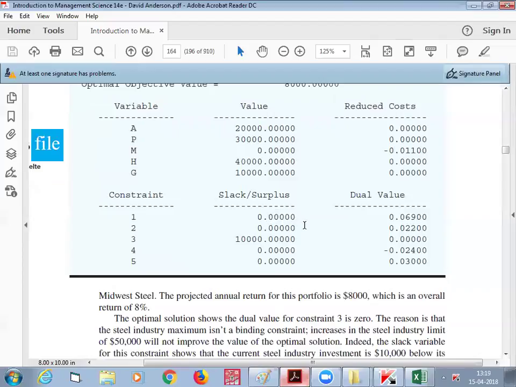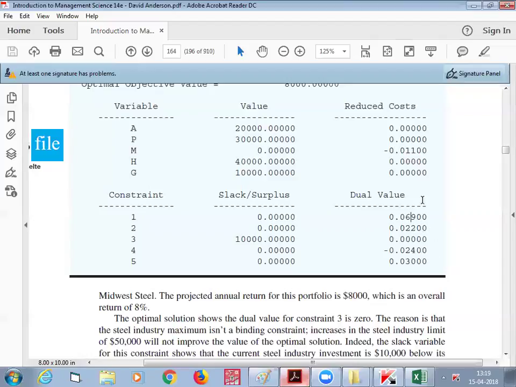All right, now, which constraints are binding? Well, first constraint, which is total funds, and the dual value is 0.069. That means the marginal rate of return of this portfolio is 6.9%. If I invest one more dollar, the return on this additional dollar is 6.9%.